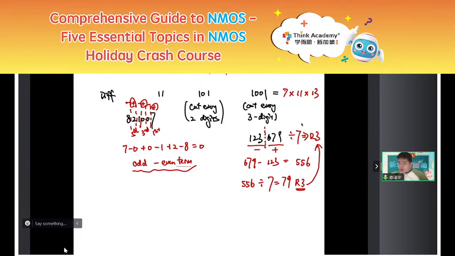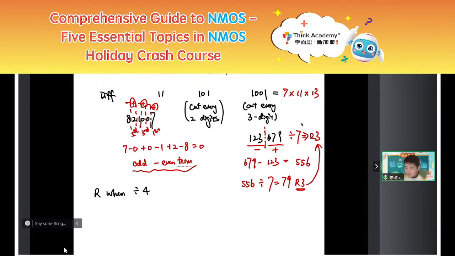I will give you some numbers. I want you to do it fast: tell me what is the remainder of these numbers I write down when divided by 4. Okay, remainder when divided by 4. Let's do some quick practices over here.